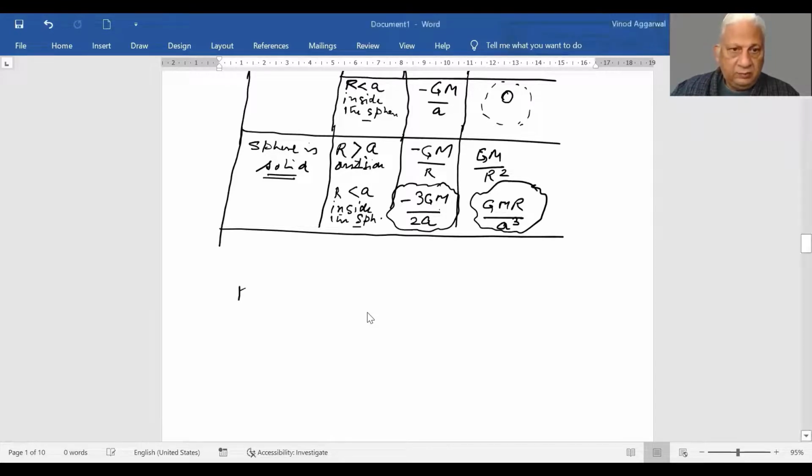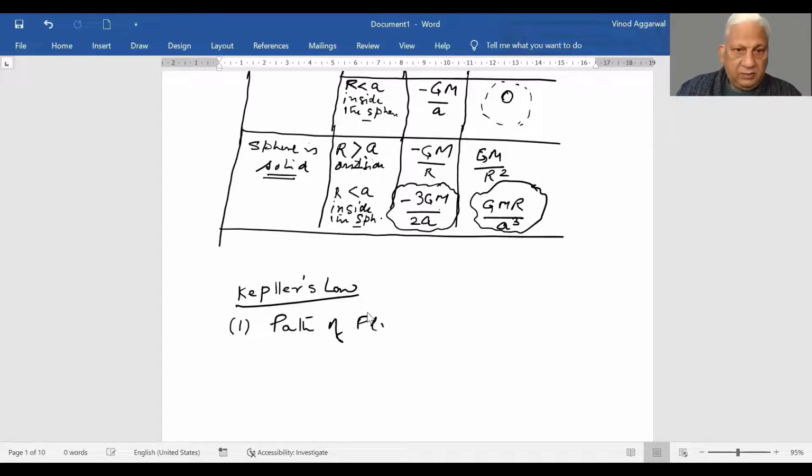Kepler's law. There are three laws of Kepler. What is the first law? First law says that path of planets which are going about sun is not circular, but instead it is elliptical.